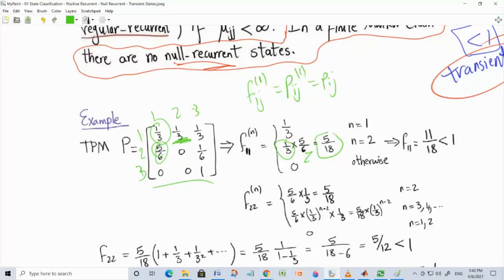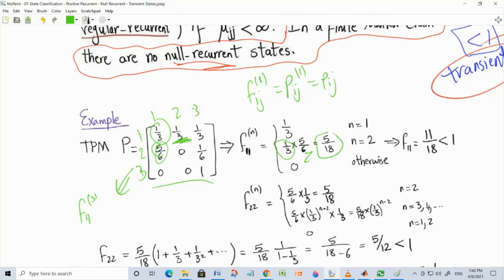And now what about F11 of 3? Can you start in state 1 and then enter into state 1 again after 3 steps or more? Let's think about it. You start in 1. If you go to 3, you are stuck in there forever. If you go to 1, then you enter into 1 for the first time after 1 step.